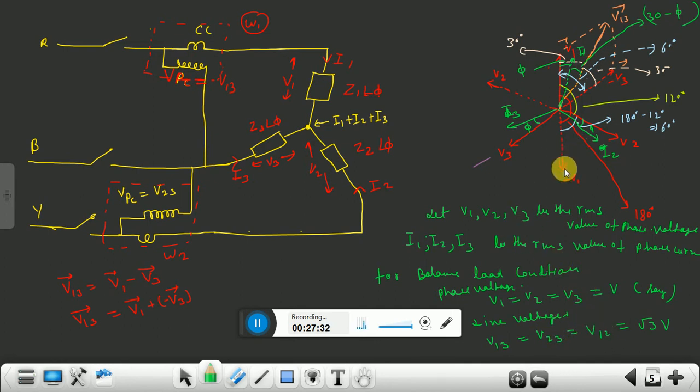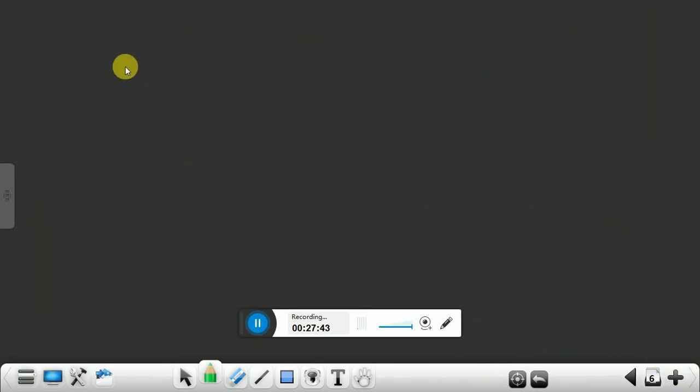In the star connection, line voltage equal to under root 3 times of phase voltage. Okay, and phase current I1 equal to I2 equal to I3 equal to I.